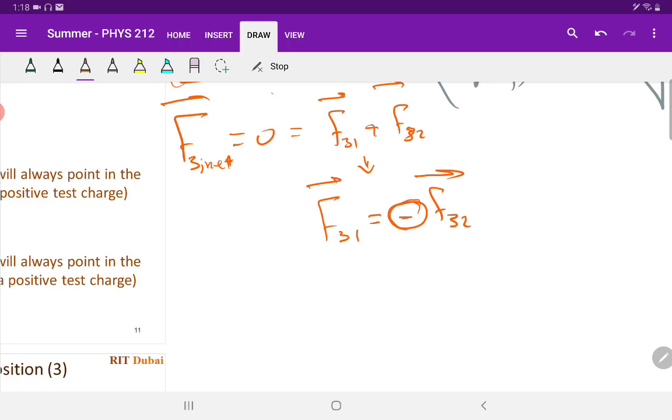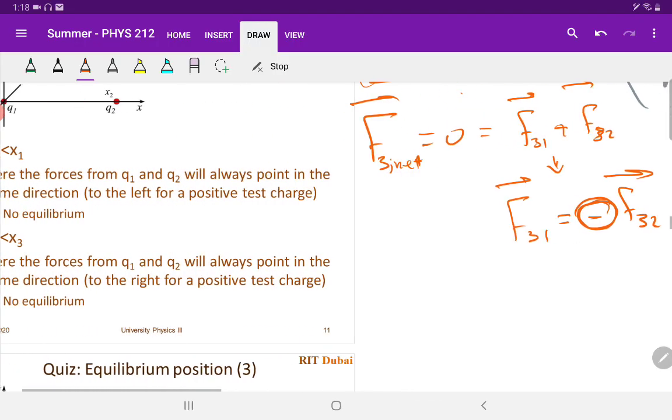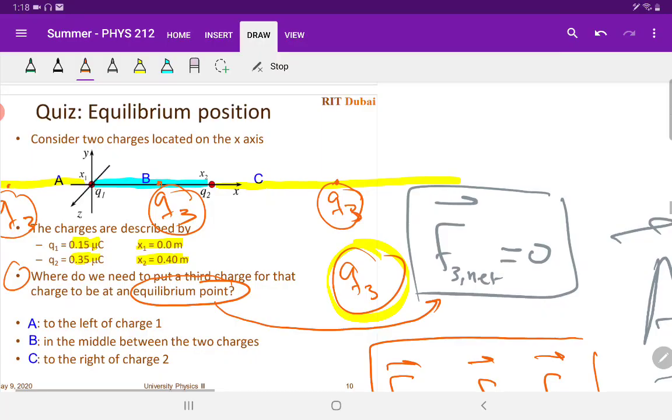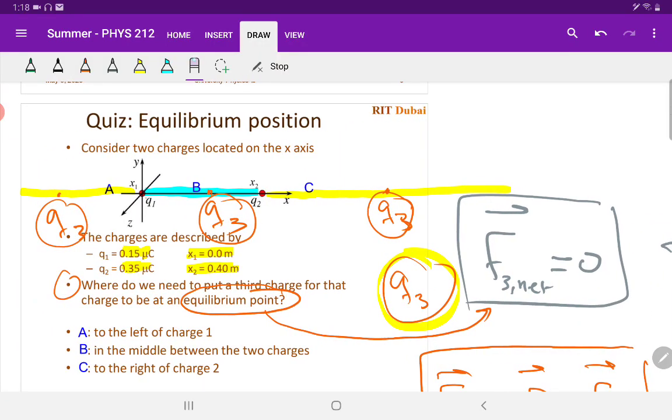If they are going to cancel each other, these two forces should be opposite to each other. Otherwise, they will not be able to cancel each other. That's the type of testing I'll try to apply. So let's try to do it here.